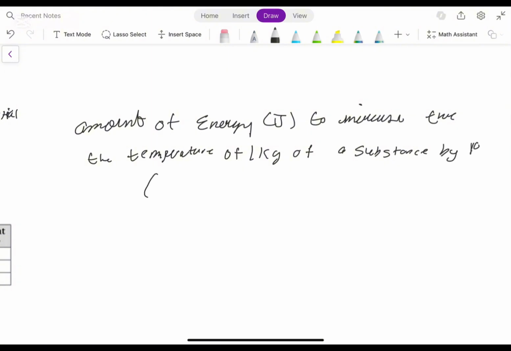So the units for this are just joules over kilograms degrees Celsius. And the symbol we're going to be using is just going to be a C.